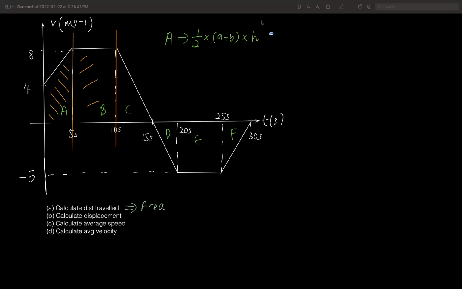The A and the B are the minor length and the major length. Okay, then we can put in here. That is for A. B.